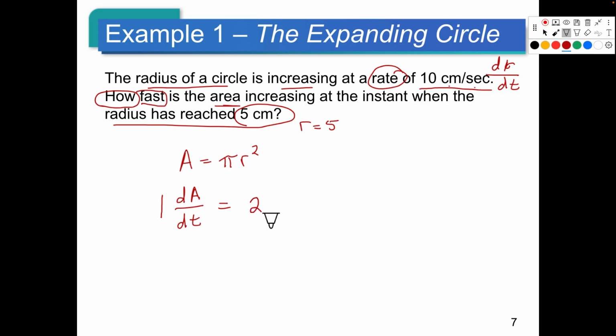Well, the 2 comes down, and I'll put it in front of the pi just to make it look how they usually do. So the 2 came down, and then we subtract 1 from the exponent, so that gives us r to the first power. And what did we do? We just took the derivative of r, so that is dr with respect to time.